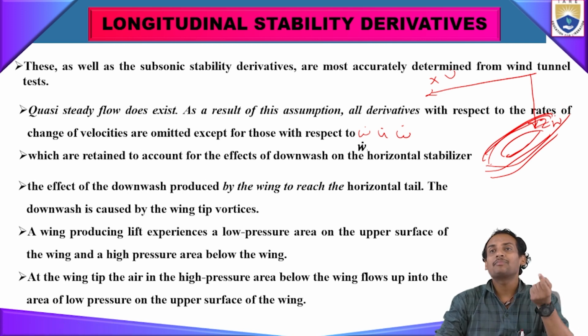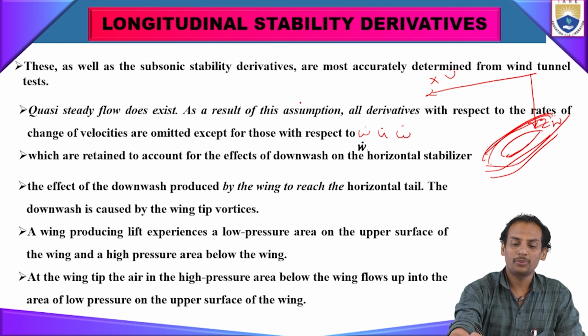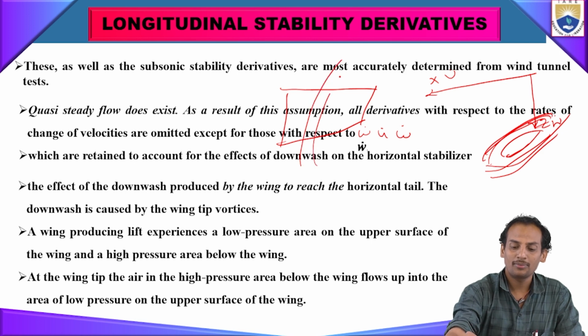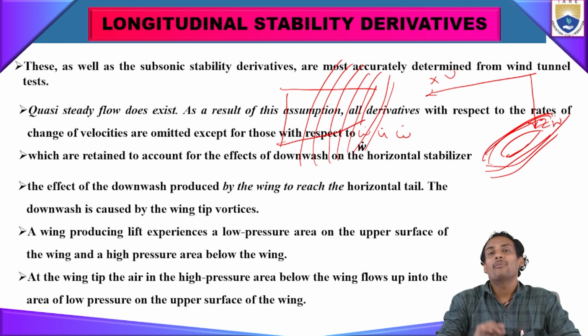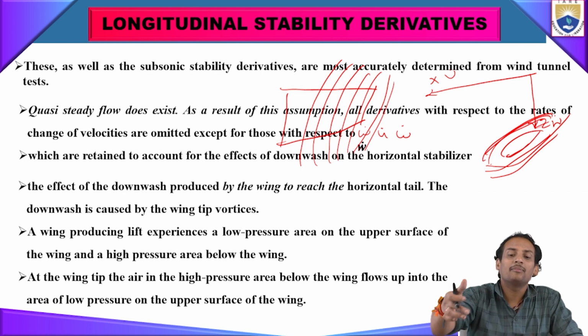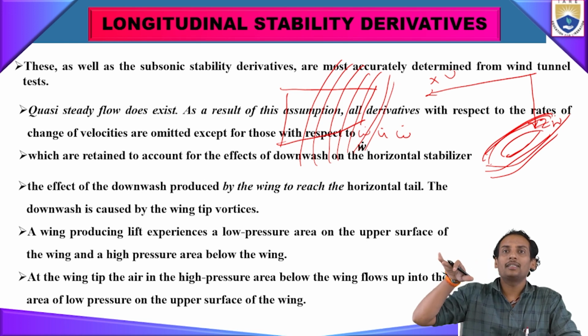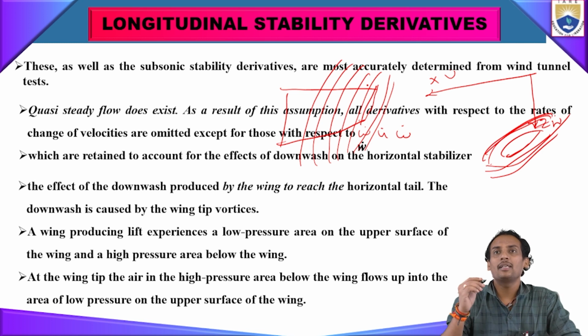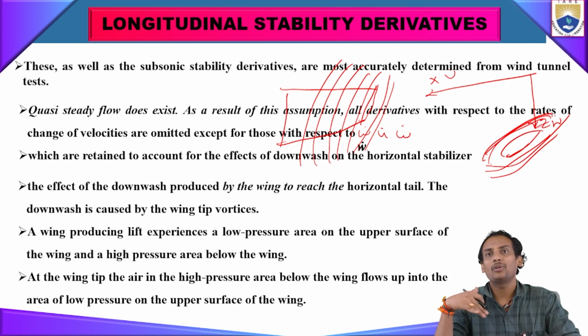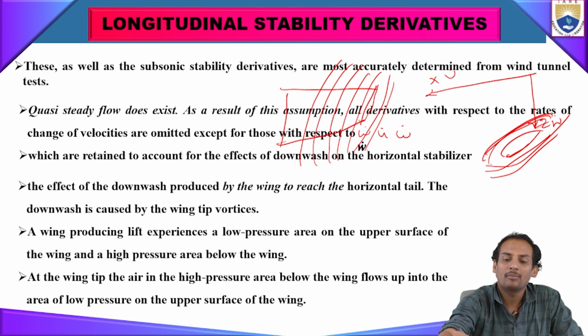But here, if you consider a wing cross section like this, the flow is flowing over it, upward and downward. When it comes to the wing tip, the higher pressure and lower pressure flows will cross over.